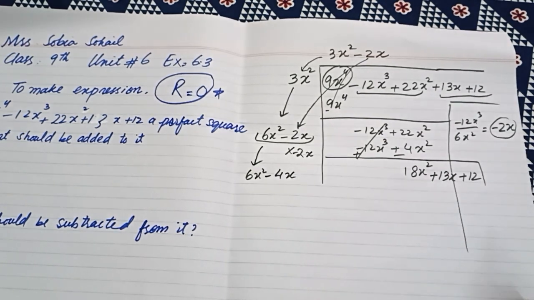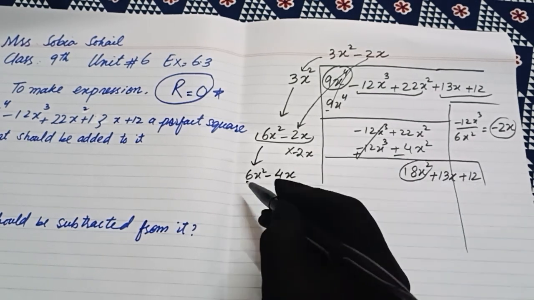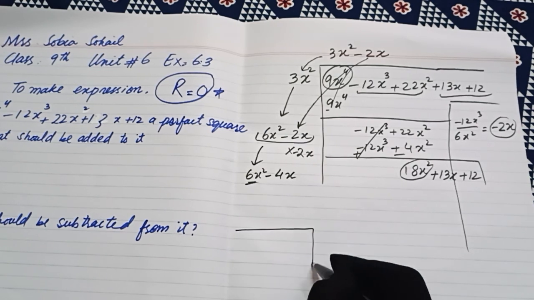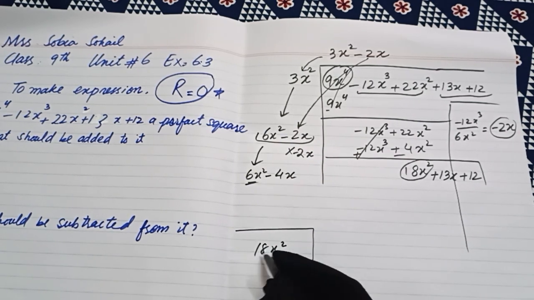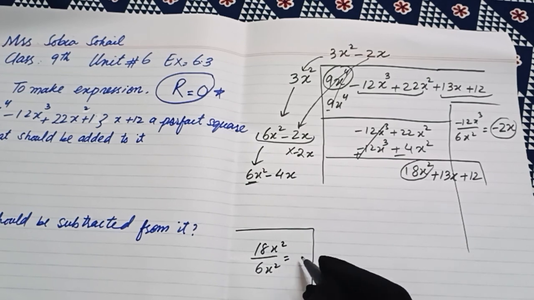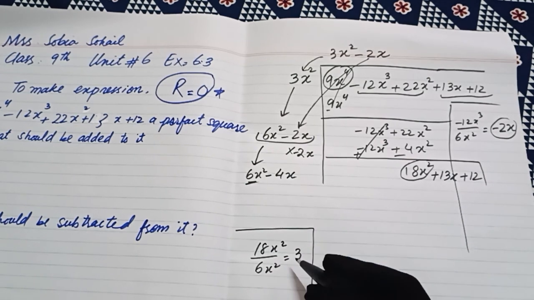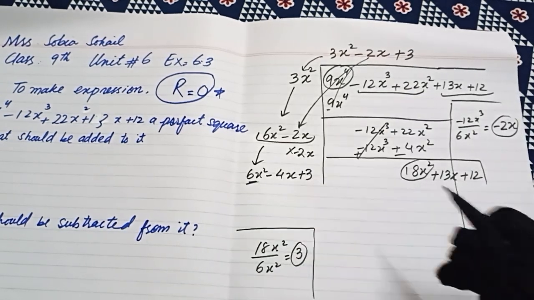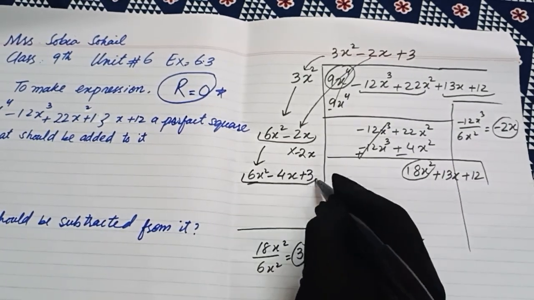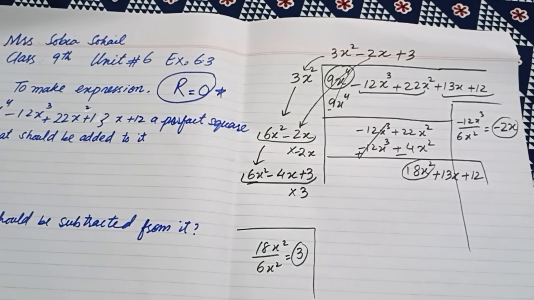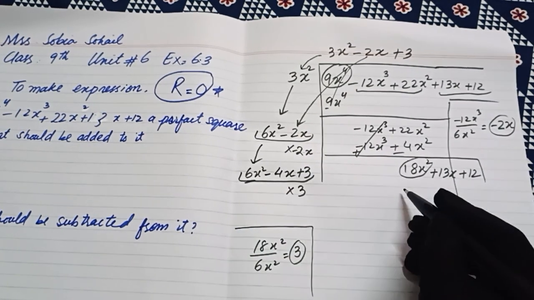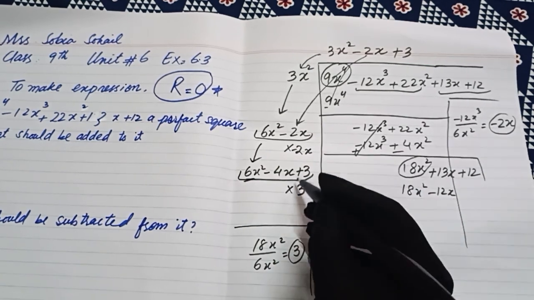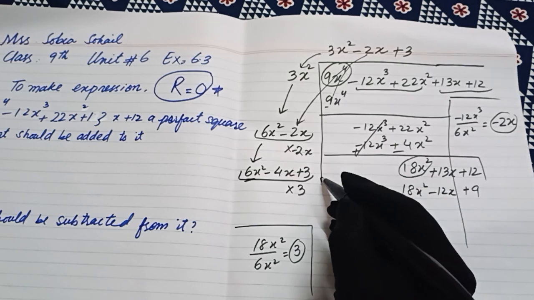Again the same step: first term divided by the first term. 18x^2 divided by 6x^2, and the answer is 3. This answer will be written as the third term in the quotient and with the divisor, and then multiplied with the complete divisor also: 3 times 6x^2 is 18x^2, minus 3 times 4x is 12x, plus 3 times 3 is 9.